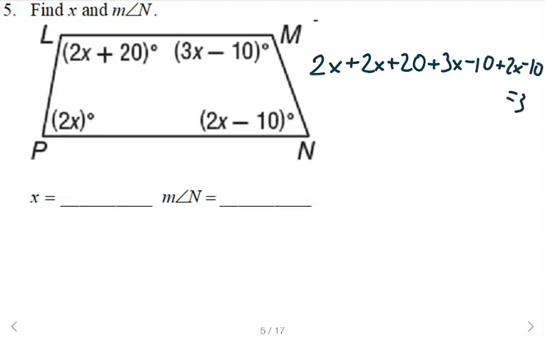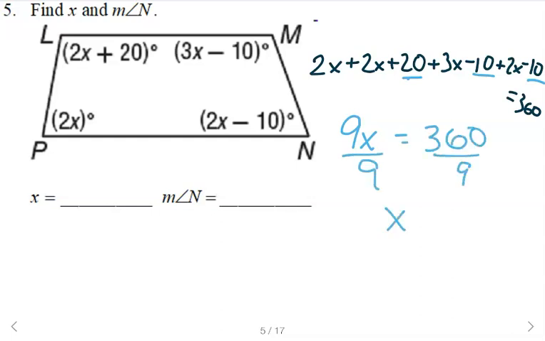All of that equals 360. So combine the like terms. 2x plus 2x is 4x plus 3x is 7x plus 2x is 9x. And then 20 plus negative 10 plus negative 10 is 0. And then we'll divide both sides by 9, and so x is 40.